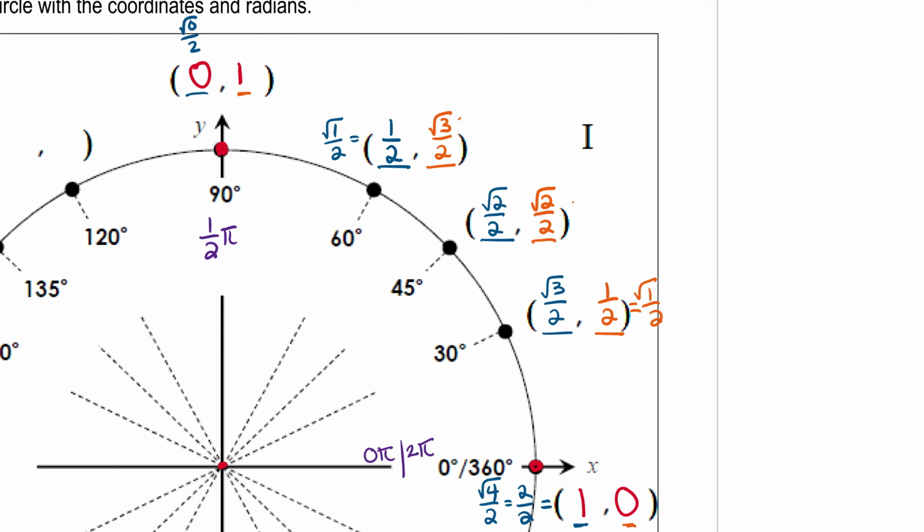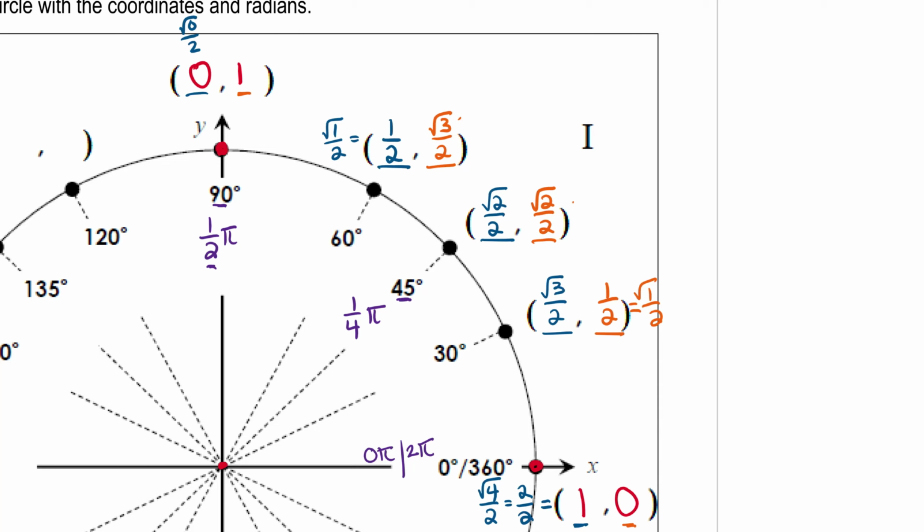So 1/2 of 1/2 is 1/4. There's different ways to think of this. So half of 90, right, is 45. Half of 1/2 pi is 1/4 pi. Okay, I always think of it that way. If you have a different way you can think of it, then do that.